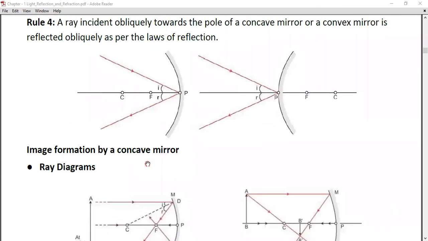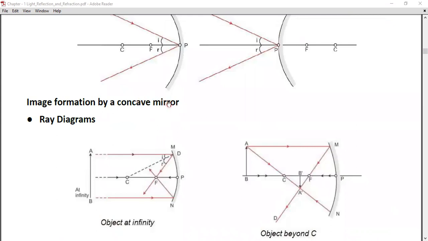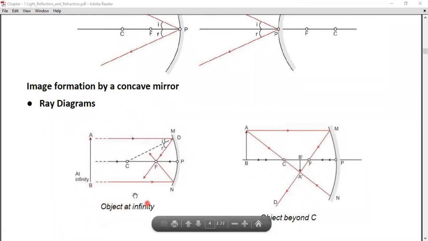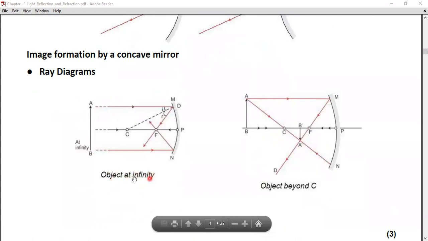Let us see the image formed by the concave mirror now. And in the ray diagrams, we are going to make use of these 4 rules, students. See, in the initial case, in the first case, object is kept at infinity. So when the object is kept at infinity, guys, keep in mind that the light rays from the infinite object always appears to be parallel.